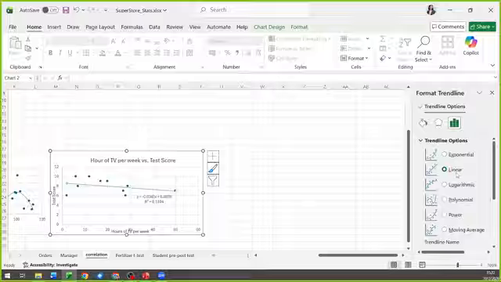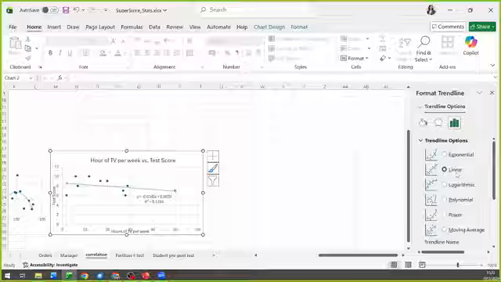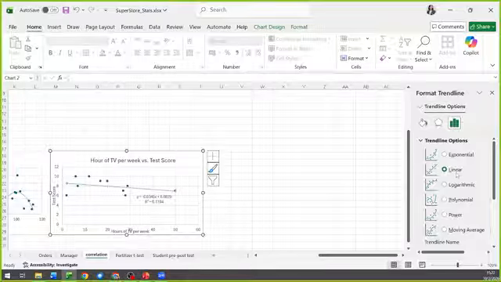So that means if hours of TV per week decrease by 50, for example, test score will increase by about how much? Not much, not 0.5, something like that.